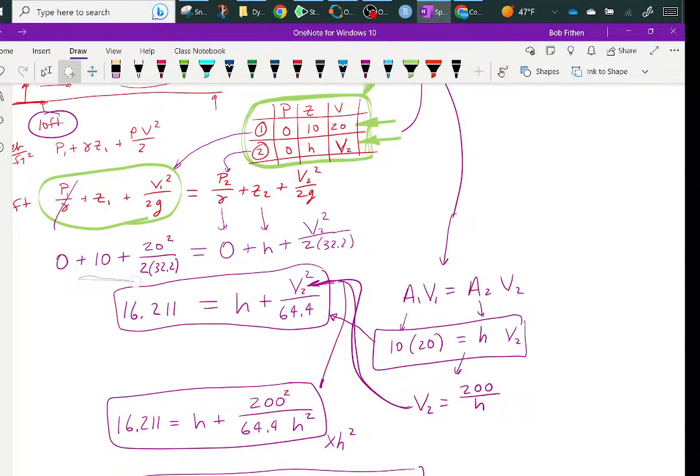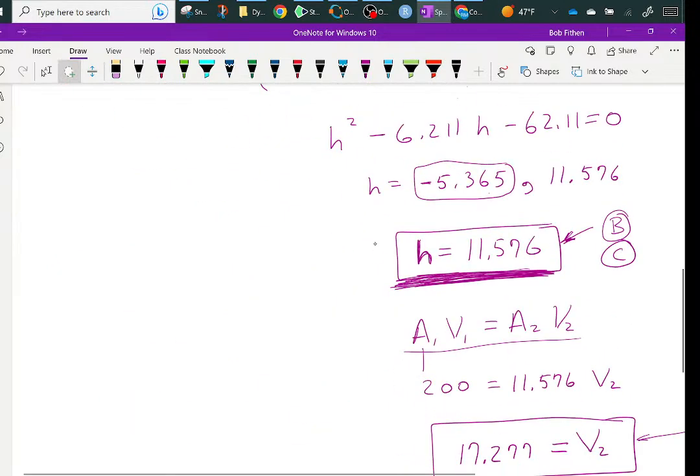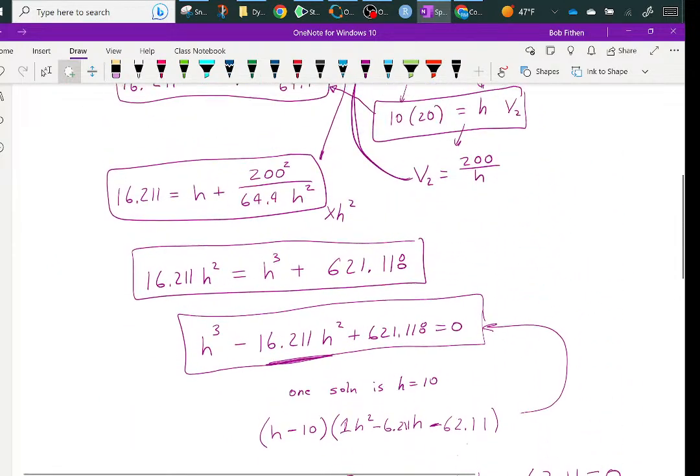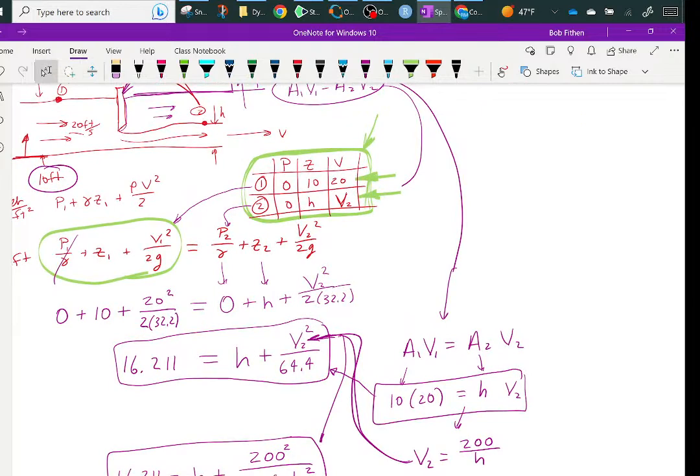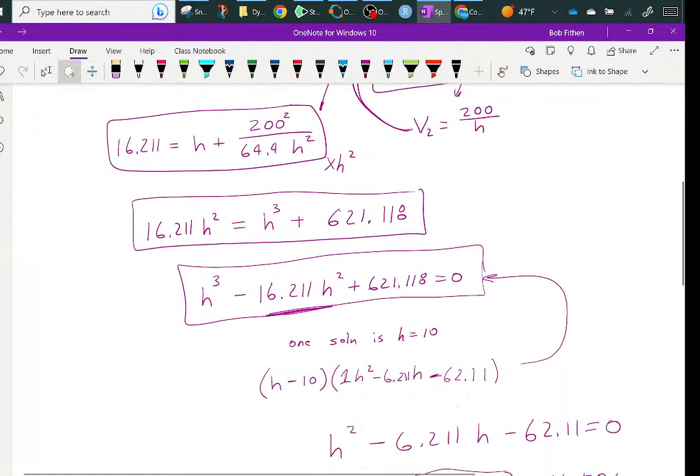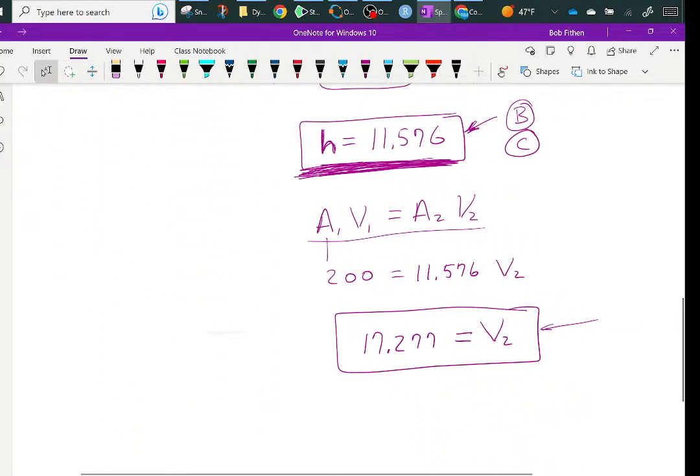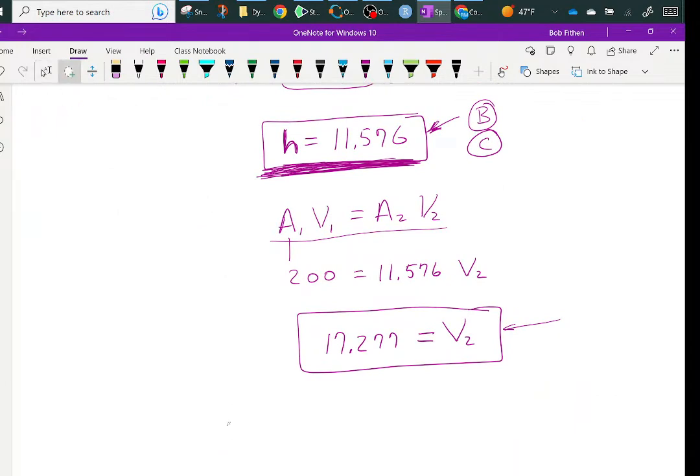Hang on, if you don't mind, I'm just going to copy this equation and take it down there because I want to use the equation with these two numbers in it.